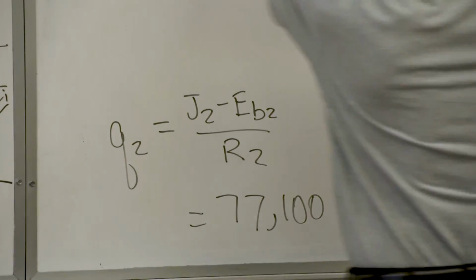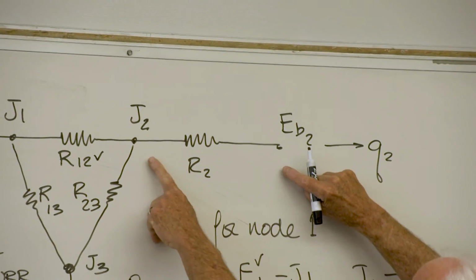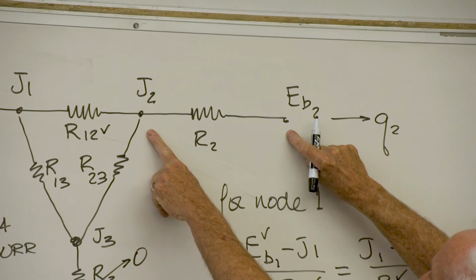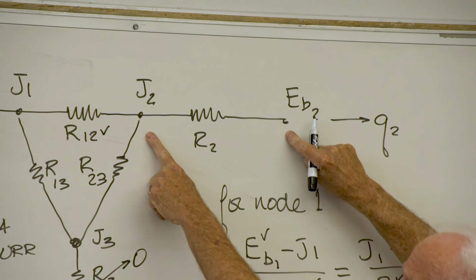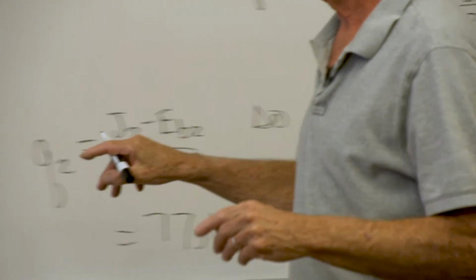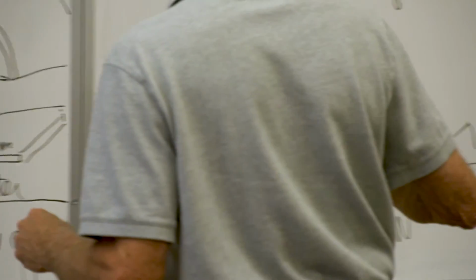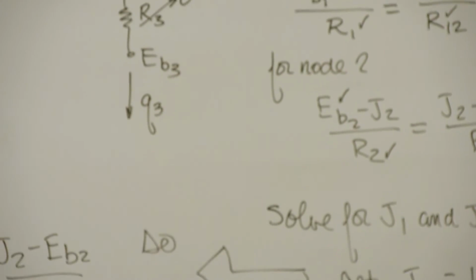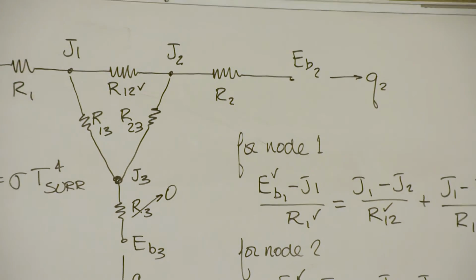Okay, here's Q2 right here. Look at this up here. Ask yourself, which is bigger, EB2 or J2? J2, 12,500. EB2, did I get EB2? Oh, I didn't get EB2. Let me put down what EB2 was for you.